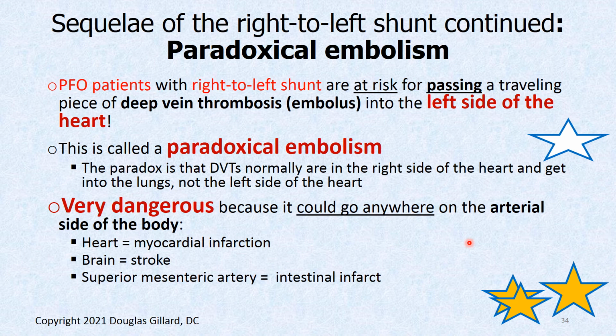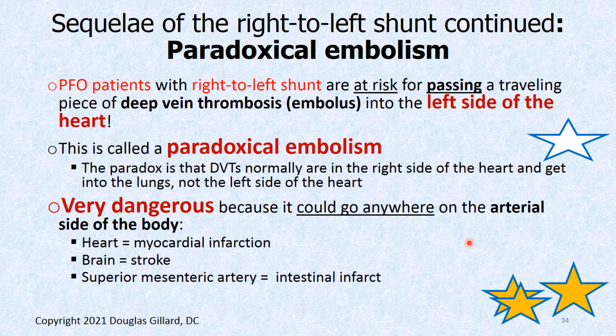Paradoxical embolism. I kind of already talked about this, but let's do it again. So people with PFOs or any type of right to left shunt, any hole in your heart, even an atrial septal defect or ventricular septal defect, which is a flat-out hole in the atria or a hole in the interventricular septum.